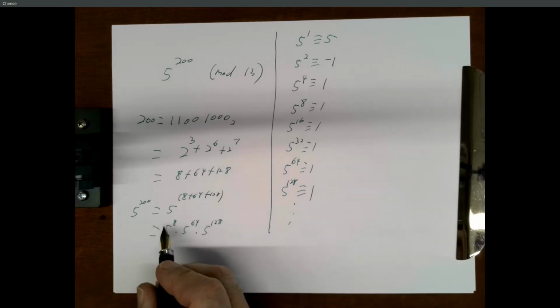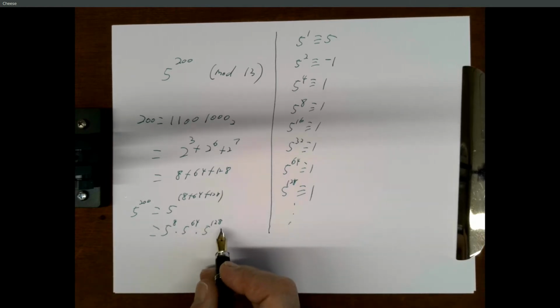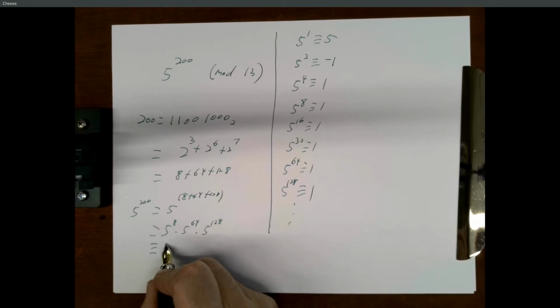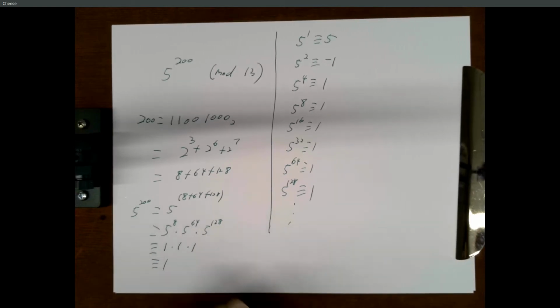Alright, so 5 to the 200th, which is 5 to the 8th times 5 to the 64th times 5 to the 128th, is congruent to 1 times 1 times 1, which is just 1. So 5 to the 200th is 1 more than a multiple of 13.